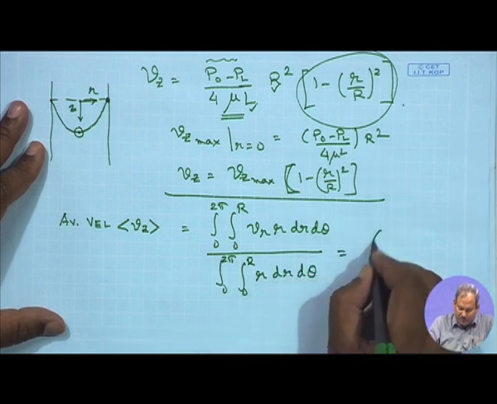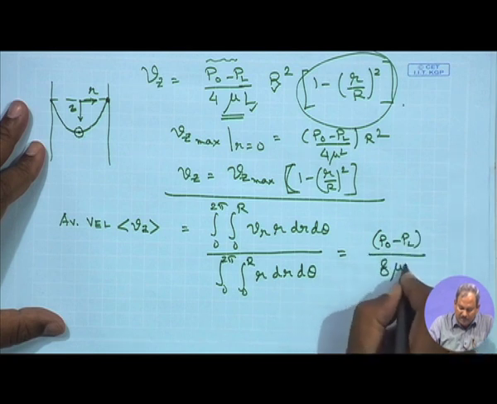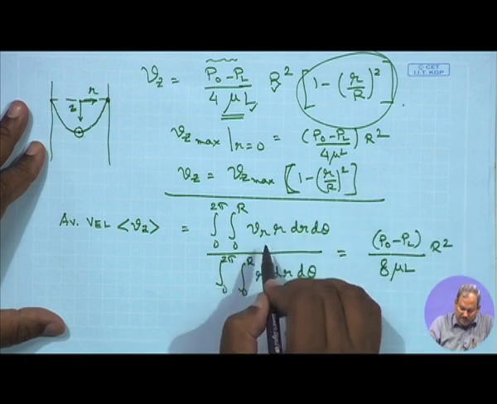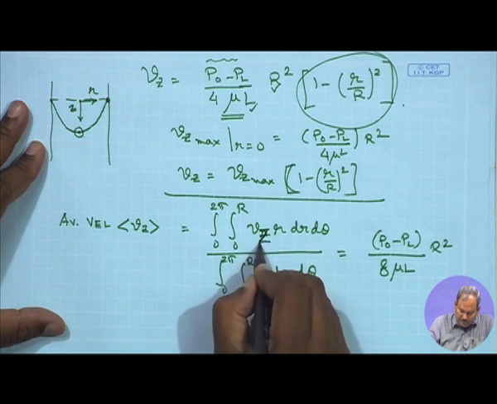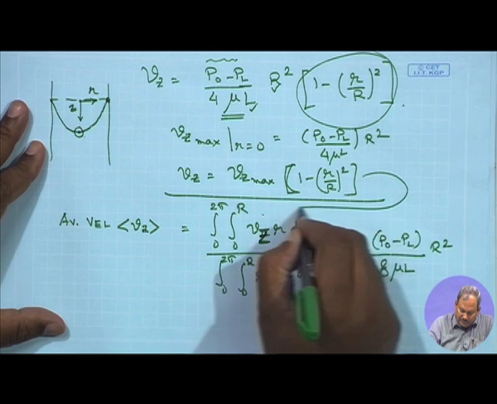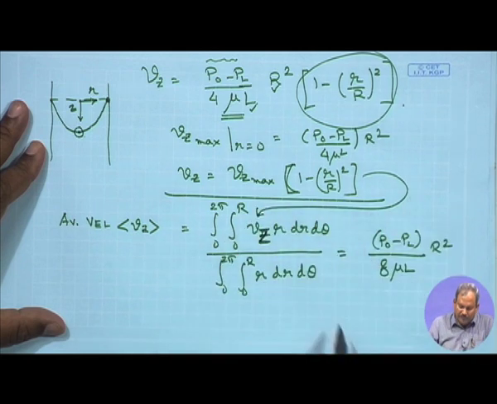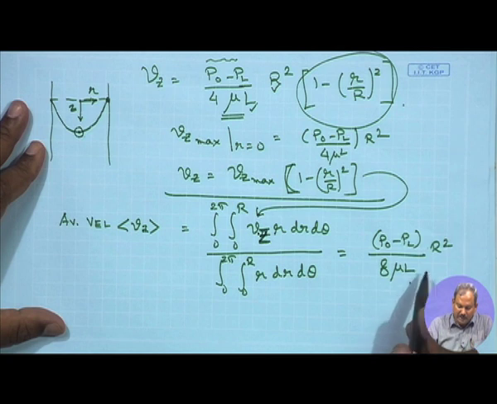This should be equal to (P0 minus PL) by 8 mu L times r square. And this is Vz, and the Vz is essentially this one from the previous relation that you plug in here to obtain the expression for the average velocity.